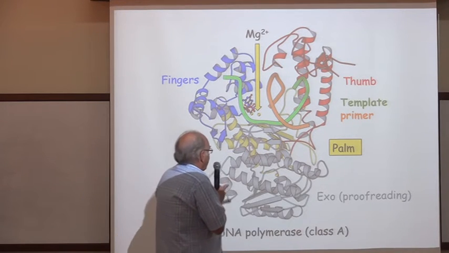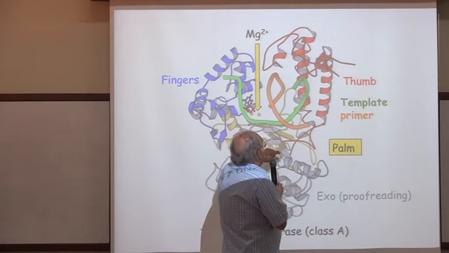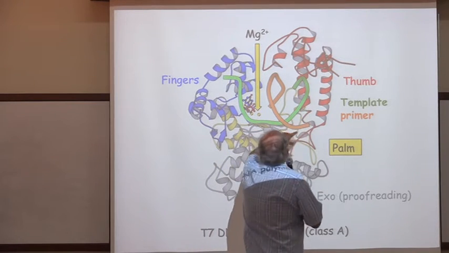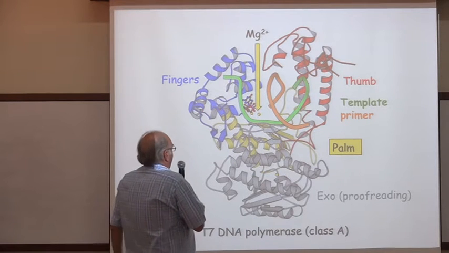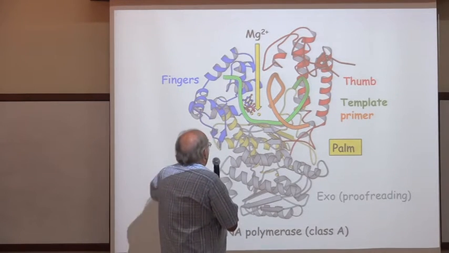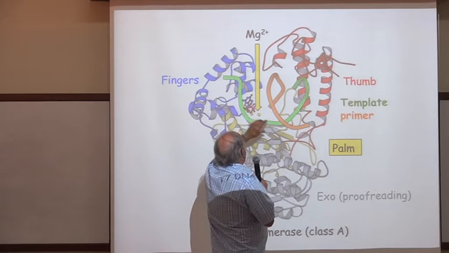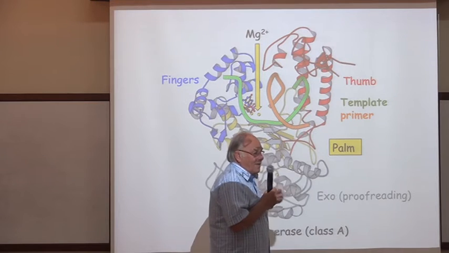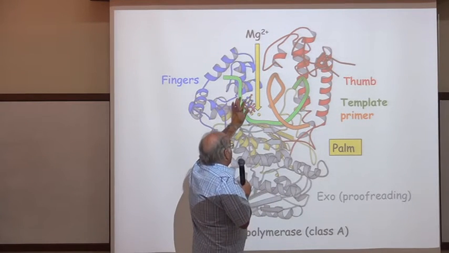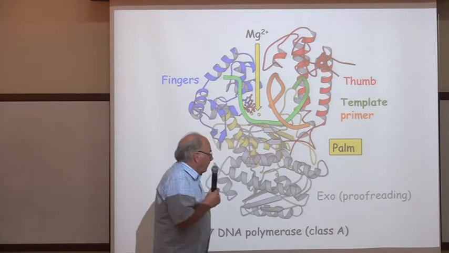The palm is here in yellow, and the thumb is in red. The fingers are in blue, and I lost the little finger. And here's then some piece of DNA, and here are magnesium ions, which are very important in the active site for the incorporation of the new nucleotide.